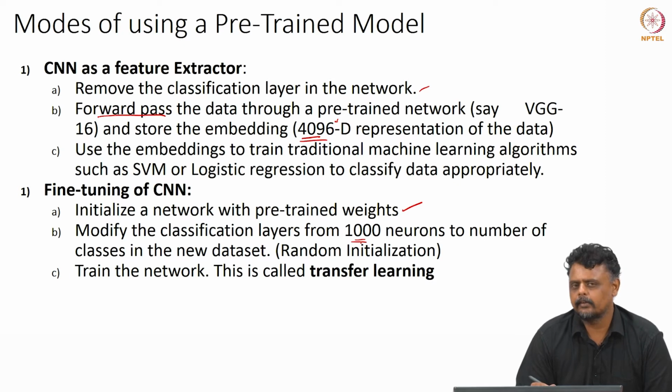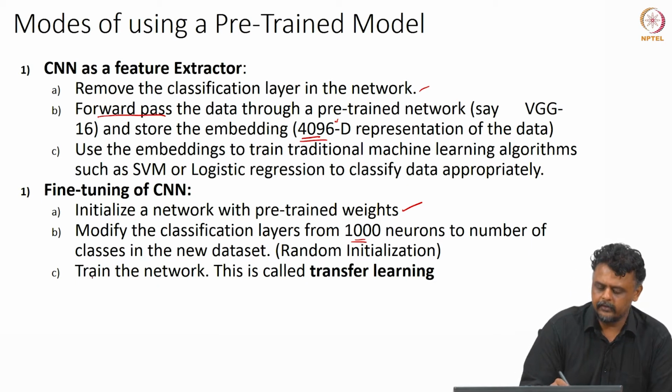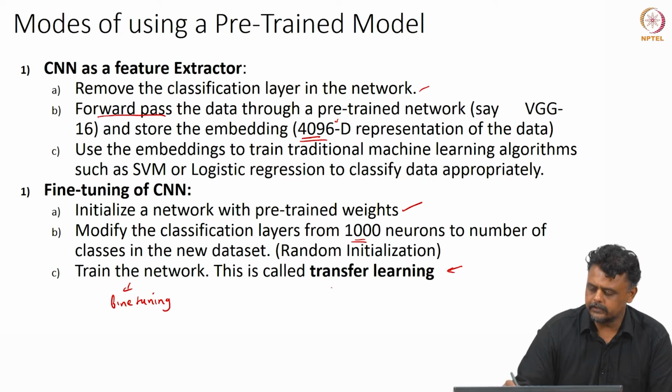This portion is basically training the network with whatever data you have for your task, and this process of training with your data is referred to as fine tuning. And in general, this is what people refer to as transfer learning.